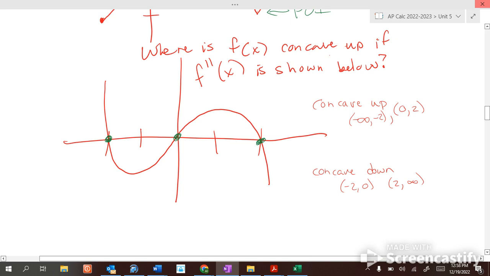So it's concave up from negative infinity to negative 2 and 0 to 2 because they're positive. When the second derivative is positive, it's concave up. When the second derivative is negative, it's concave down. So negative 2 to 0 and 2 to 8. Concave down here and here, concave up here and here.